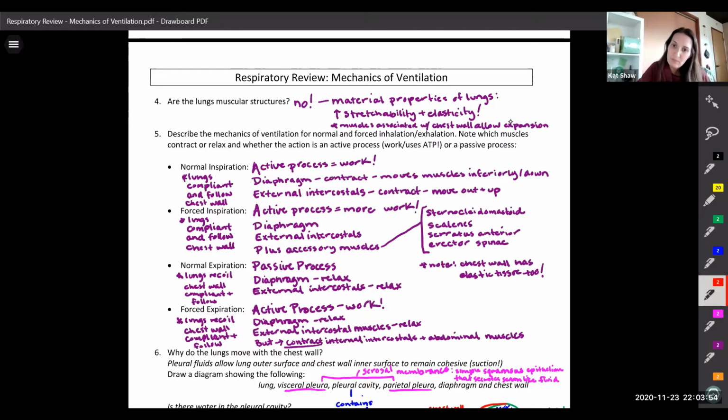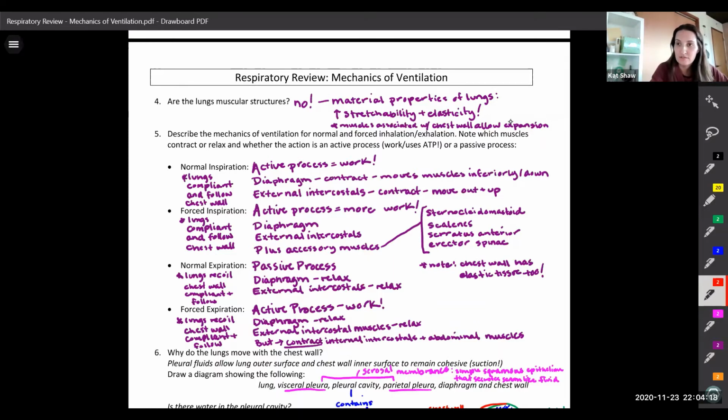I don't need you to memorize those, although it's likely you know them from anatomy. Just keep in mind that it will be more work and more muscles are involved in that action of forced inhalation or inspiration.